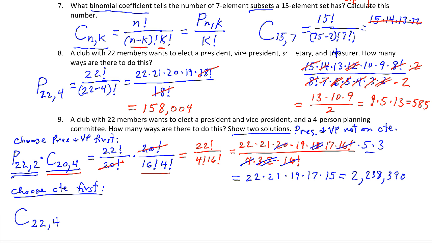And then we're going to choose our president and vice president out of the 18, which is 22 minus the 4 committee members. We're going to choose 2 out of the 18. And C(22,4) is 22 factorial all over 18 factorial 4 factorial, and P(18,2) is 18 factorial all over 16 factorial.